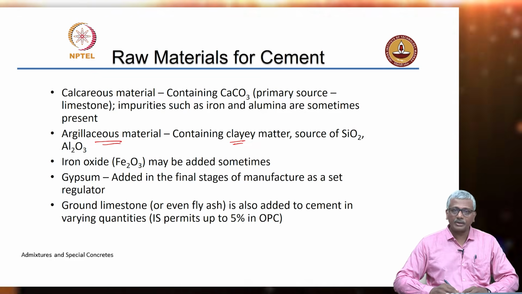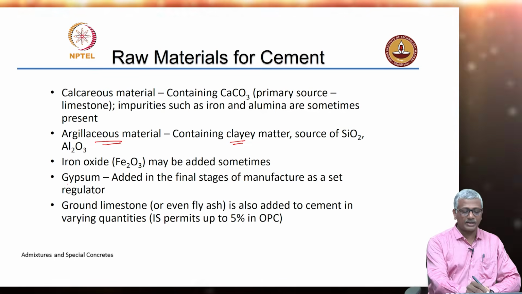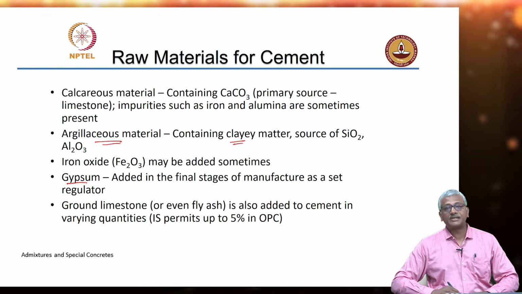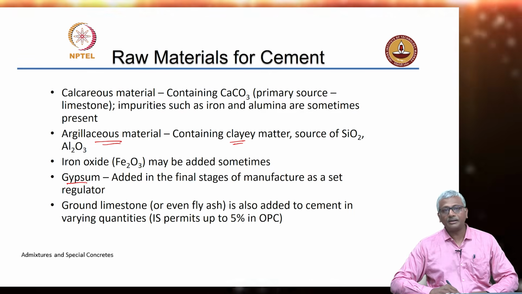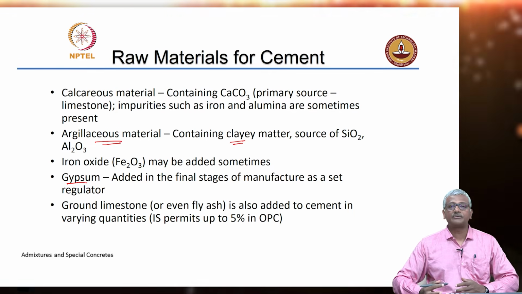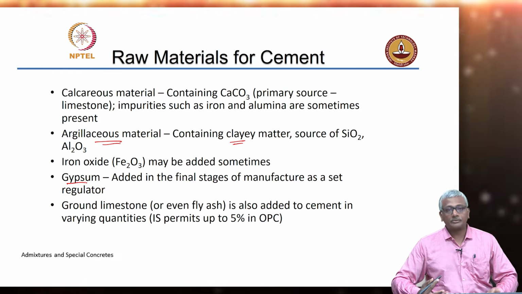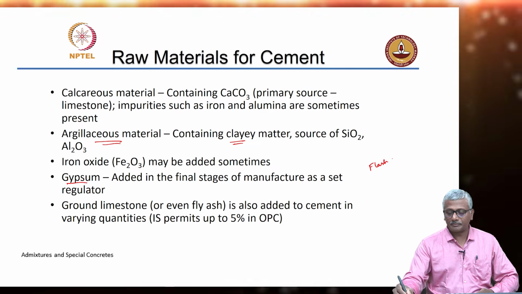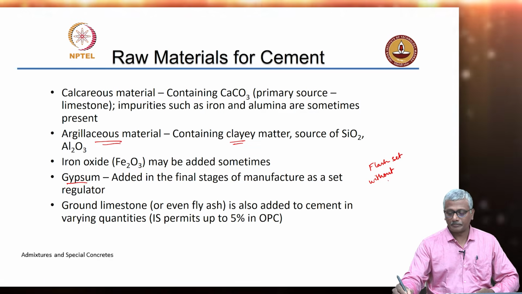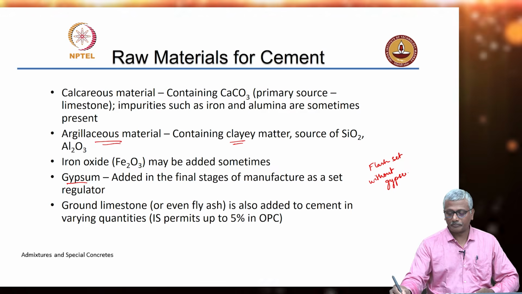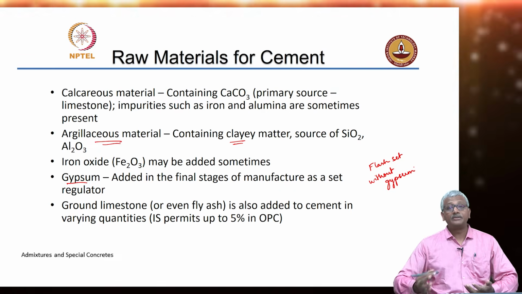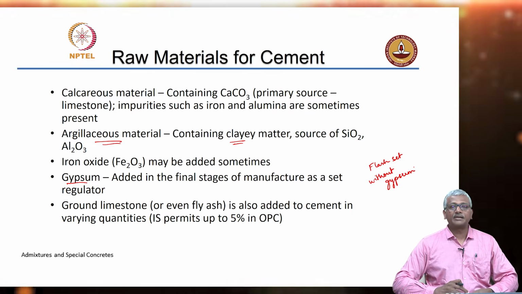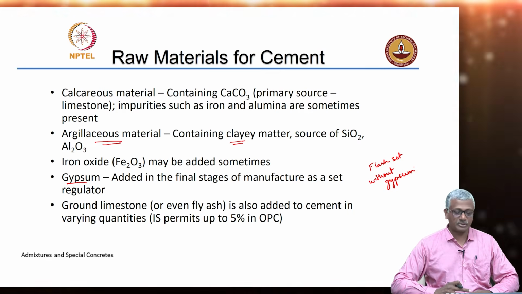And most importantly, at the end of the process, you have to add gypsum in the final stages of manufacture as a set regulating material. Without the presence of gypsum, your cement will undergo a phenomenon called flash set. Right? So, you definitely need gypsum to be there as an additive in the final stages of cement manufacture.